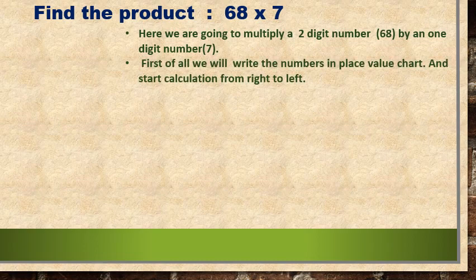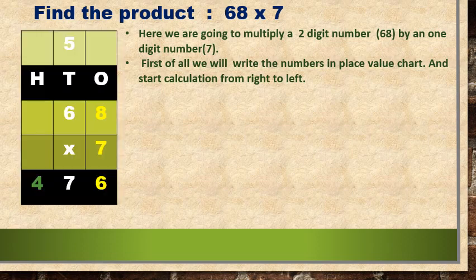First of all, we will write the numbers in place value chart and start calculation from right to left. Got it? So in this chart, you can find out we have 68 into 7. Okay, girls?